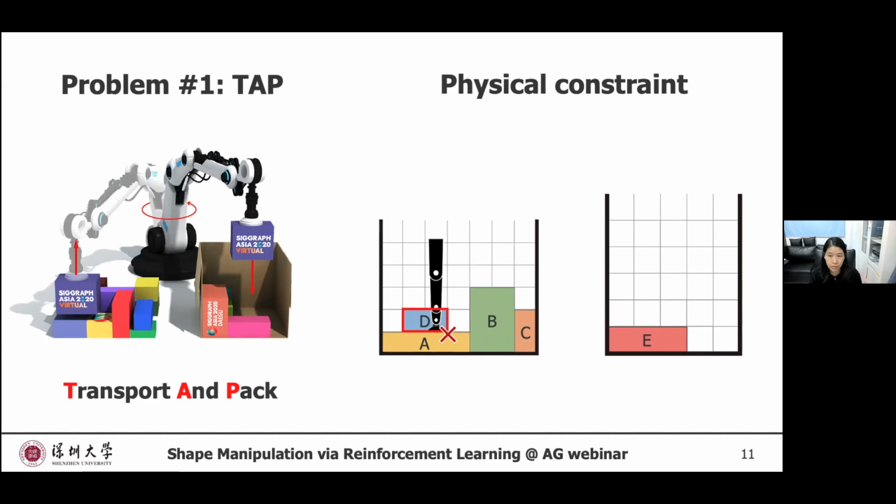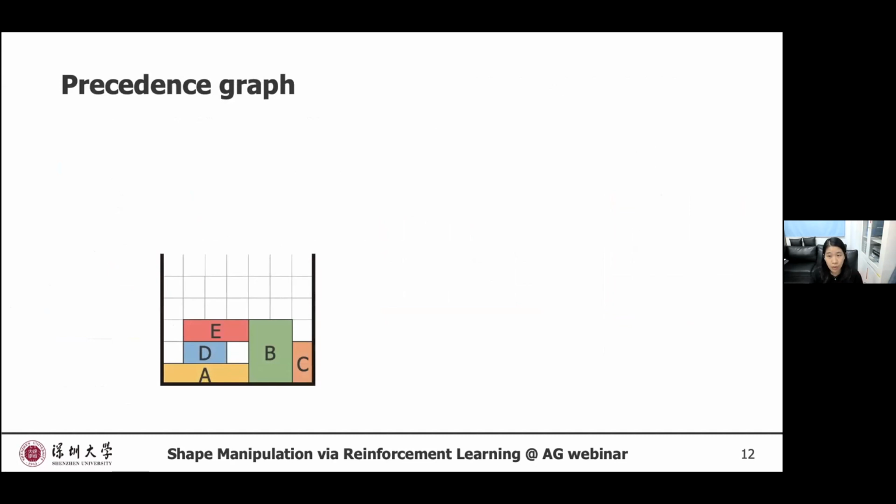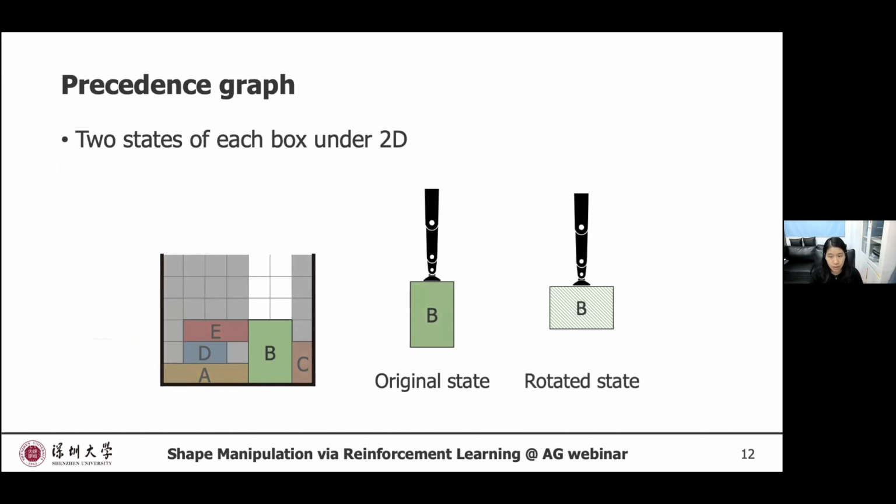To address this problem, we first encode the access constraints into a precedence graph. In more detail, we allow the objects to be rotated during the transport and the packing process. So in 2D, each box will have two different states, the original state and the rotated state.